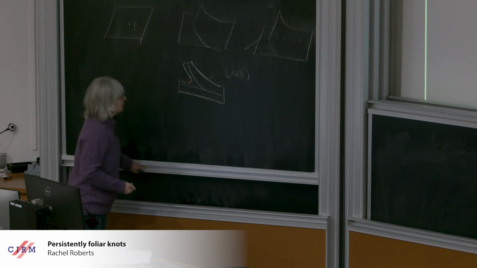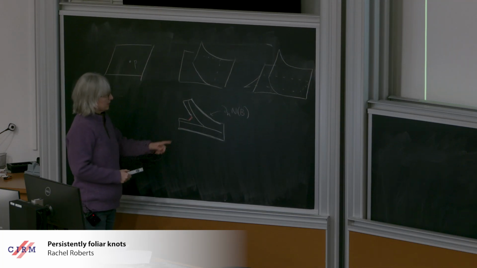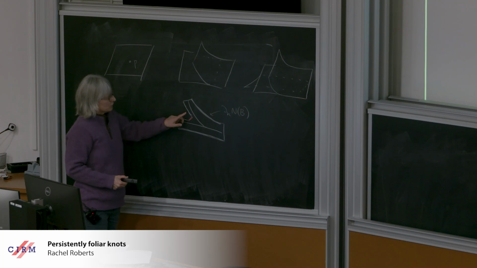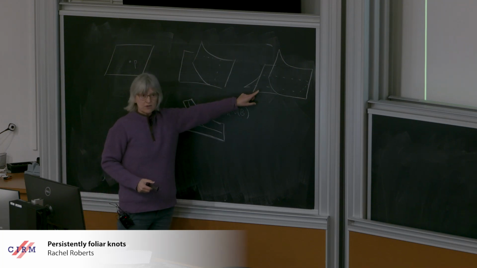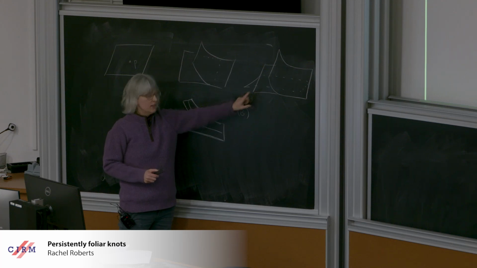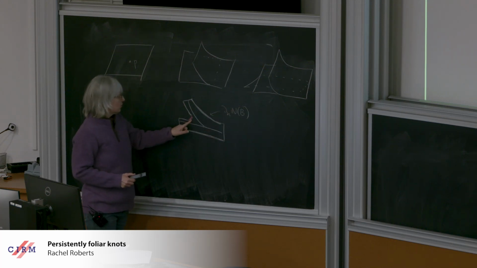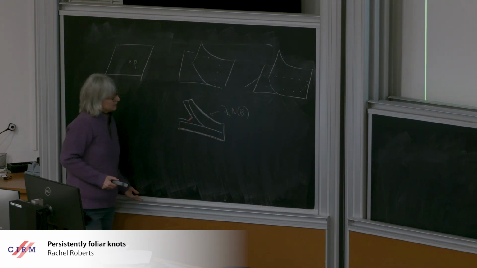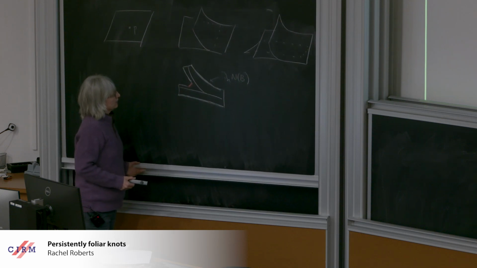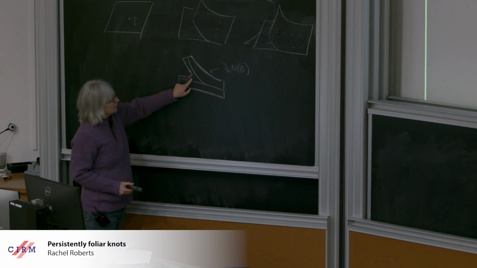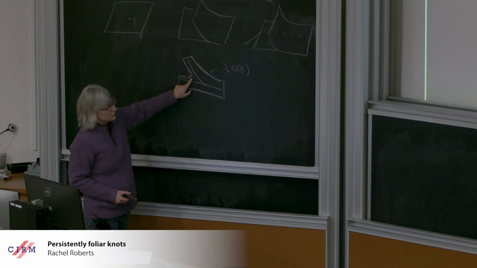And so let's just think about it in the complement of my branch surface. If I was a better artist, I could quickly sketch the same thing for this picture here, but I won't try. What I've colored pink here is playing the role of what Dave called sutures, or annular sutures.